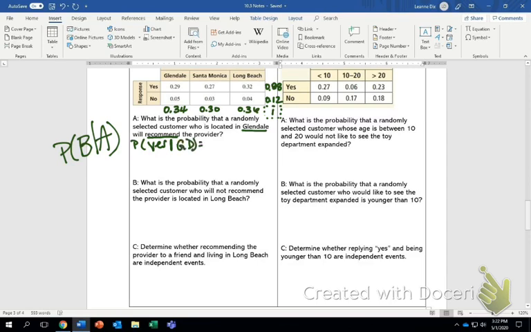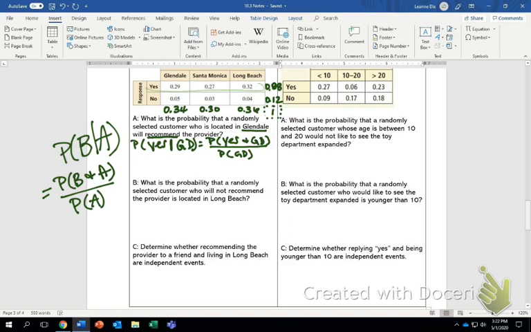So if I were to write the whole formula, remember it's going to equal the probability of B and A over the probability of A. So I'm going to say the probability of yes and they live in Glendale over the probability that they live in Glendale. Okay? So now I'm going to go ahead and find my pieces of information.